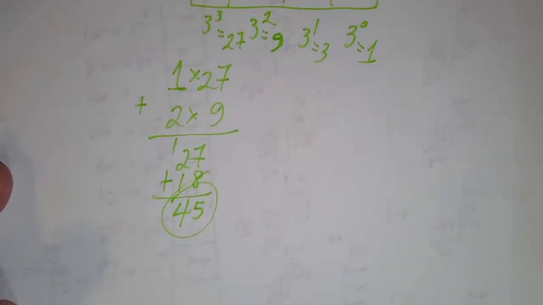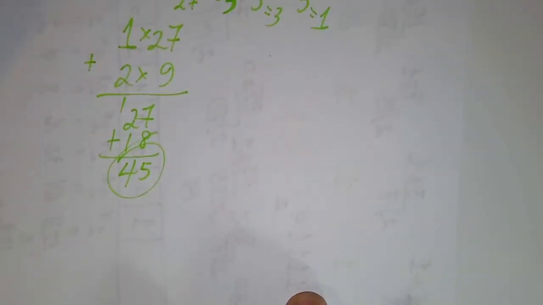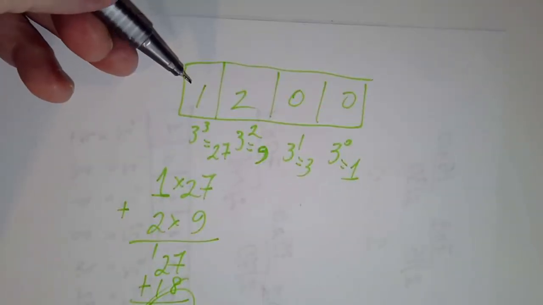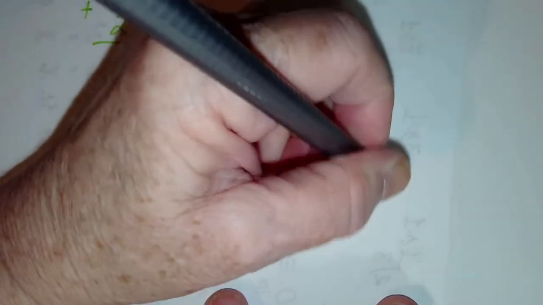So now let's go the other way. Let's start with 45 dots and see if we really do get a code of 1200. So we have 45 divided by 3 is 15, remainder 0.